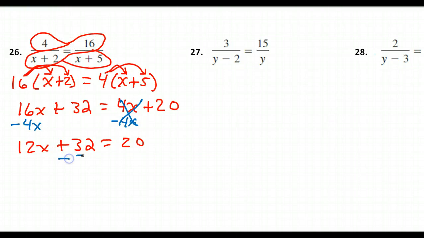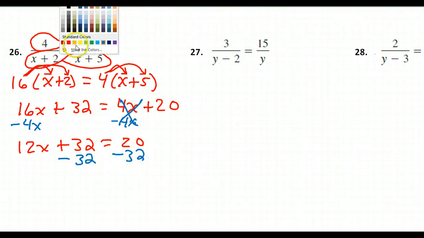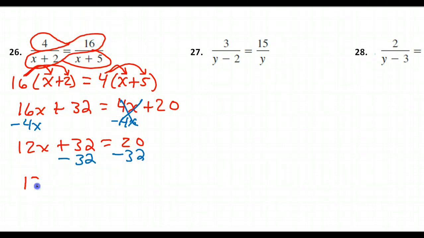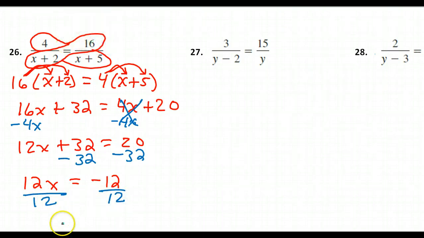Of course, now I will subtract 32 from both sides. So that's going to give me 12x is equal to negative 12. Time to divide both sides by 12. And I get x is equal to -1.